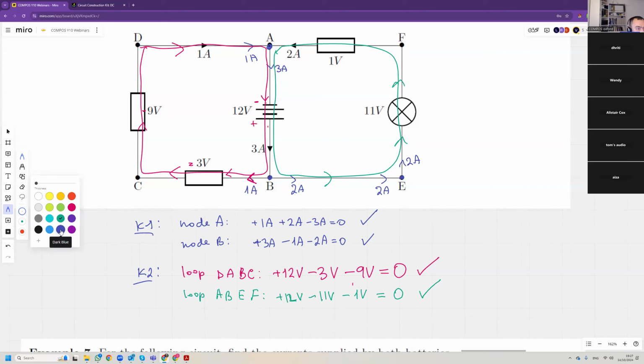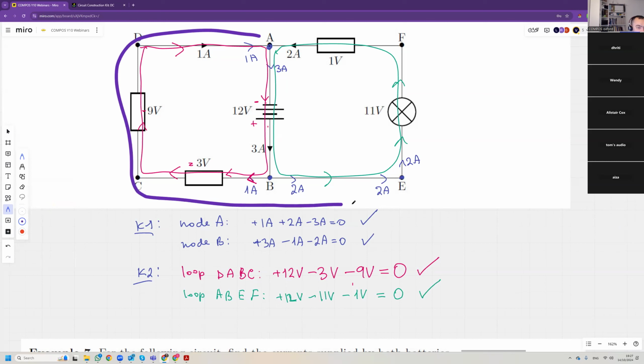And the most interesting one, purple, is the outside loop.